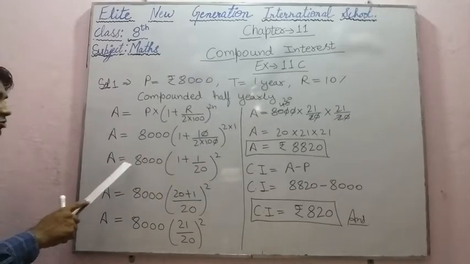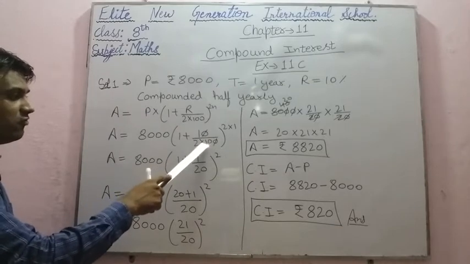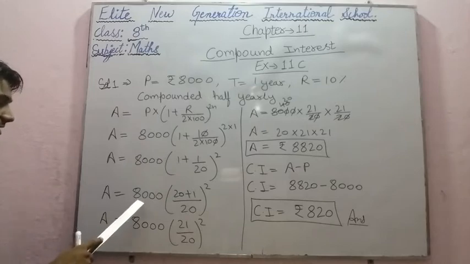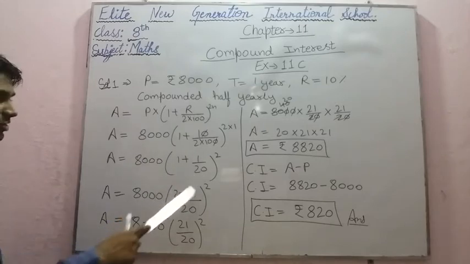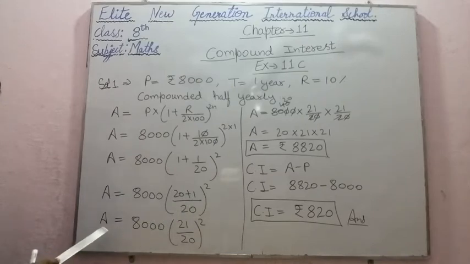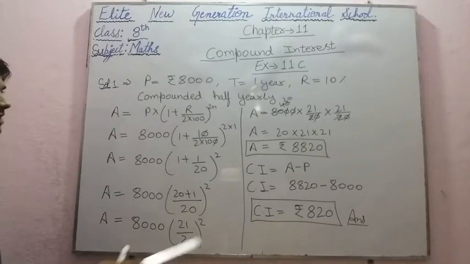Now amount equals 8,000, this 0 will be cancelled, so it will become 1 plus 1 upon 20. Now taking LCM, which is 20, 20 plus 1, power 2. So amount equals 8,000 into (21 upon 20) power 2.